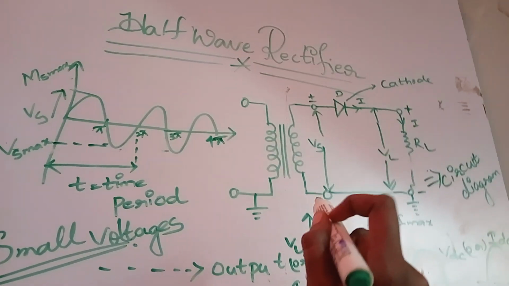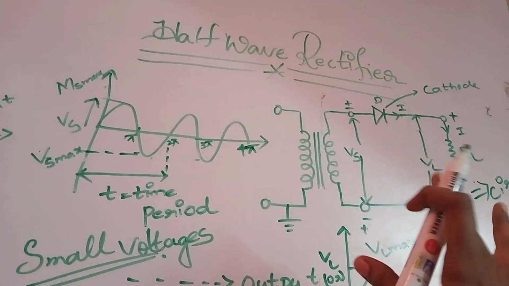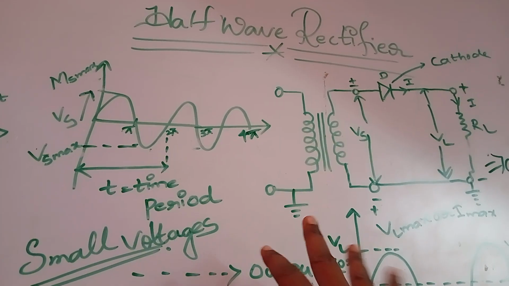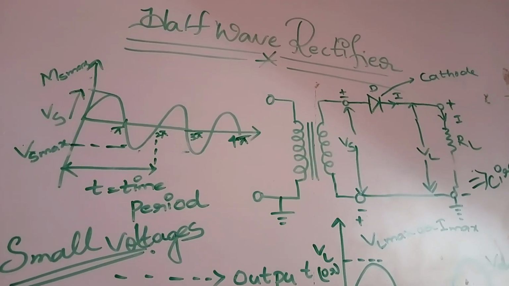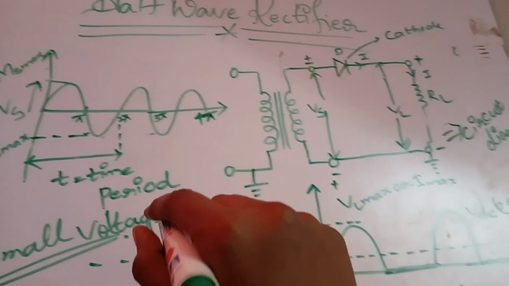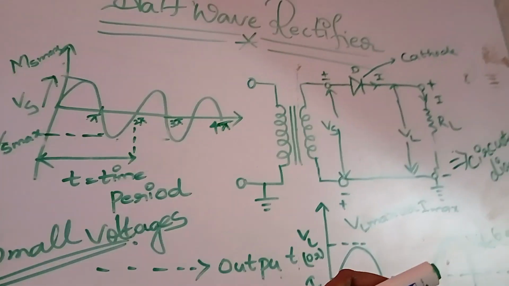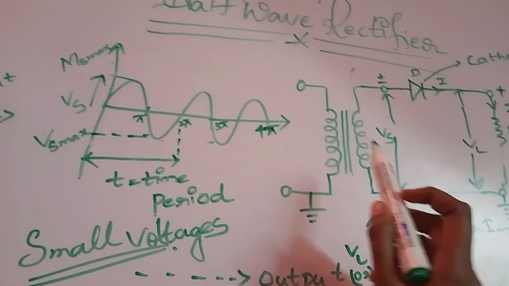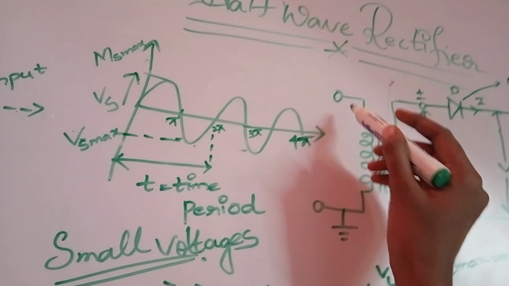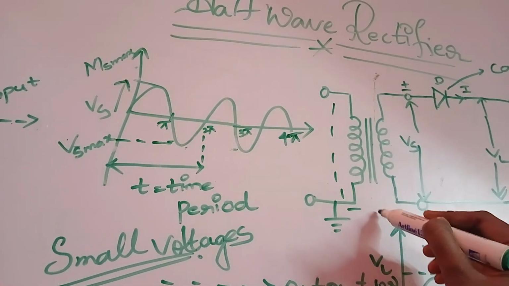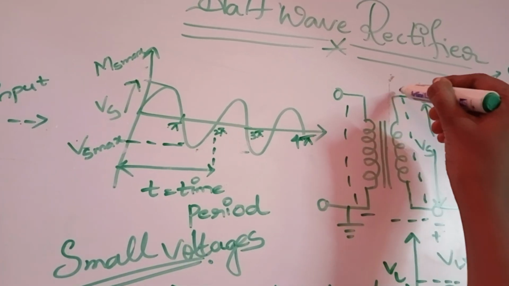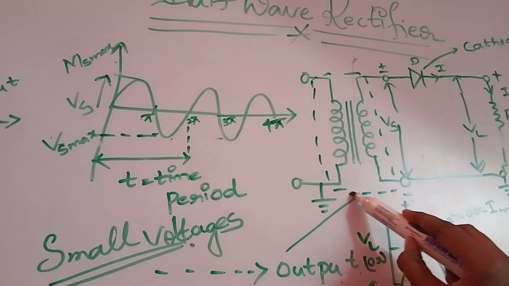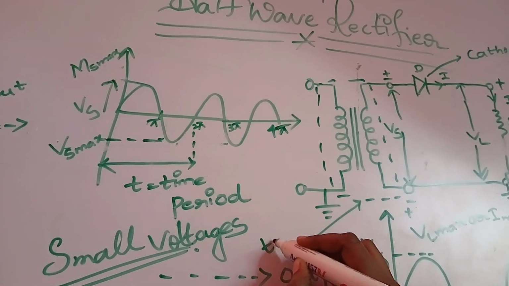You don't need to memorize anything; always keep the concept in mind. By using the concept, we can get the analysis part also. This is the primary voltage, and this part is the transformer.